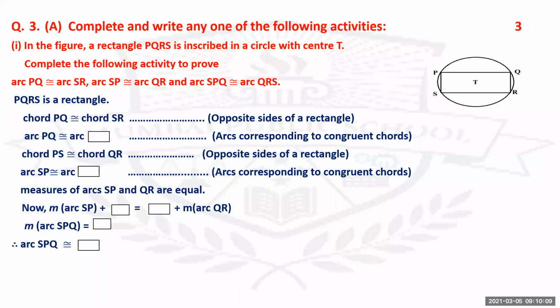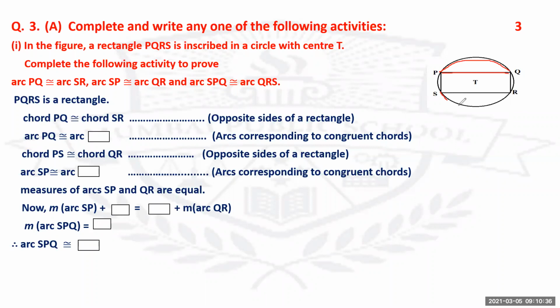Understand? So check. Chord PQ is given. So the arc corresponding to PQ is this arc PQ. Is this clear? So with respect to chord SR, which is the arc?